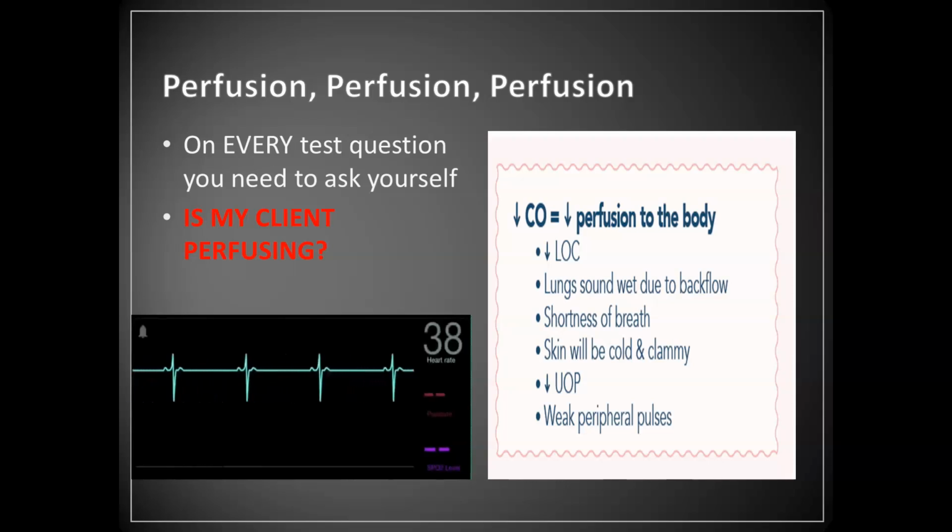The next thing I need to ask myself is, did I do this to them? And how would we have done that to them? Well, most of the time it's going to be because of medication. We are giving them medications that have either a direct or an indirect effect on the blood pressure and heart rate.